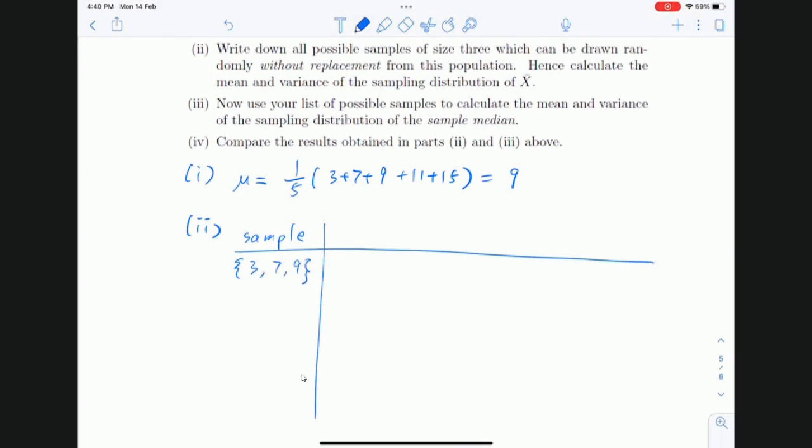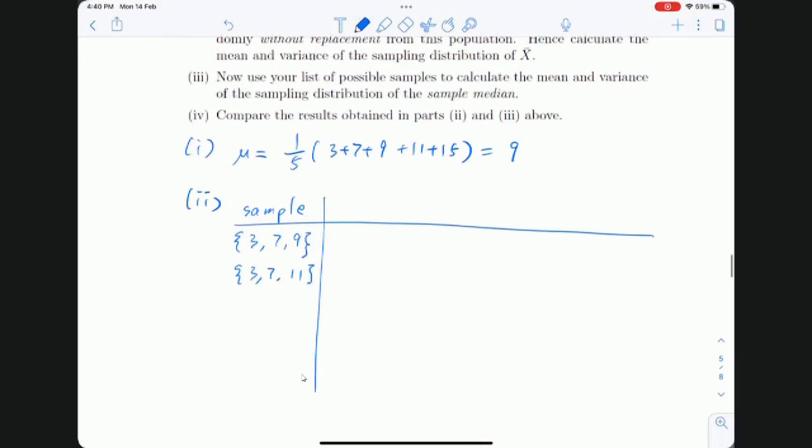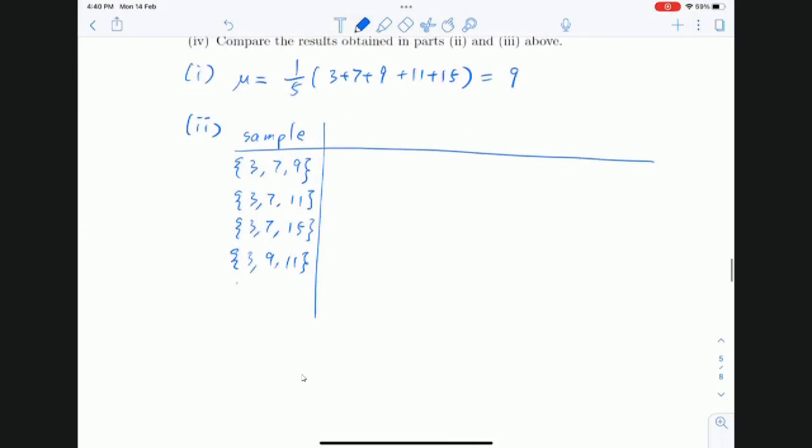So the first 3 numbers, and then we change 9 to the next number, 11, 15. And then we change 7 into the next number, 9.